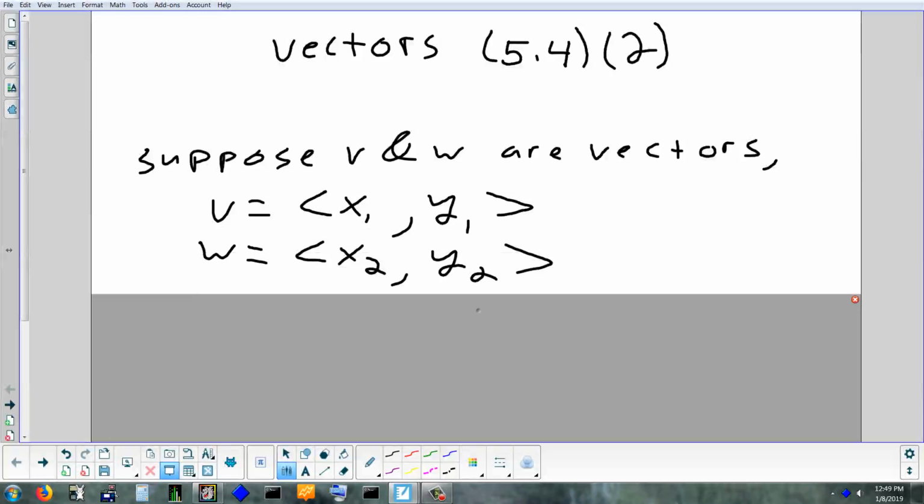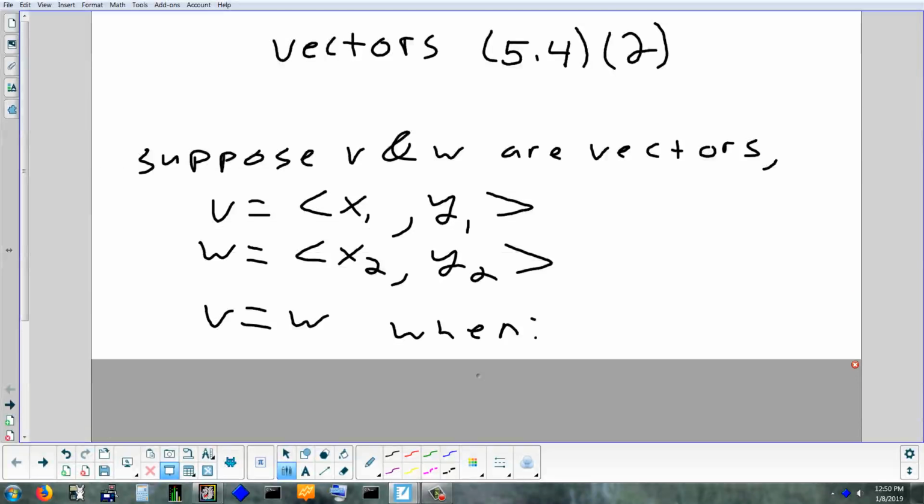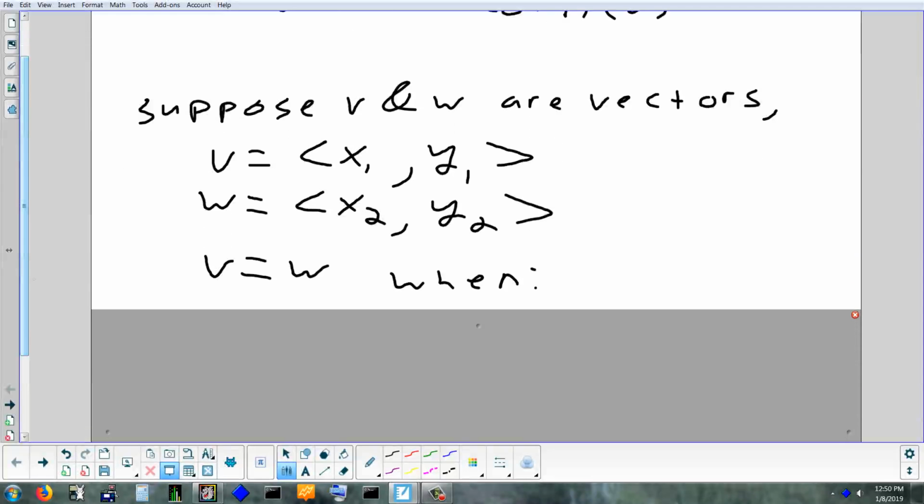So first thing we're going to look at is what it means for two vectors to be equal. Suppose I have two vectors, I'm calling them v and w. Remember, vectors should either look bold or you could put a line on top.